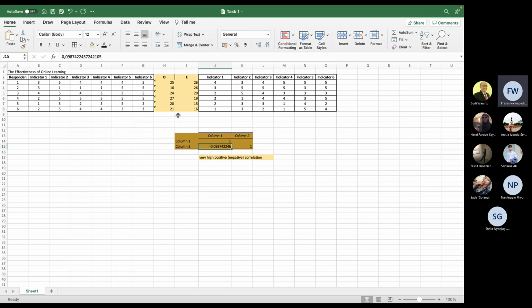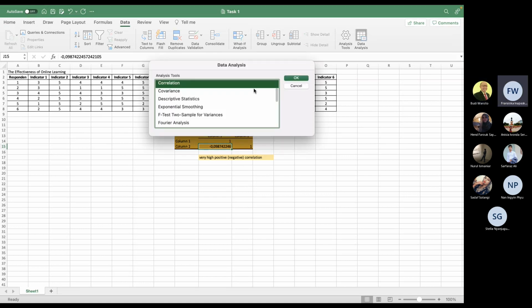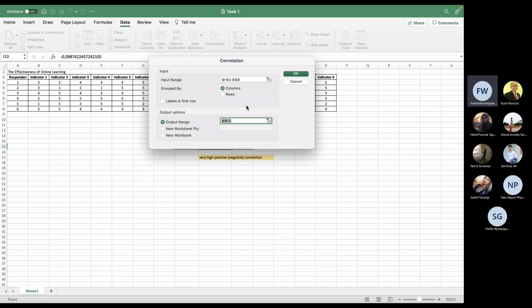Click your data menu. Where is it, sir? Data menu, in here? Yes, click, and then data analysis, correlation. Check the input range. Yes, sir. Is it right?